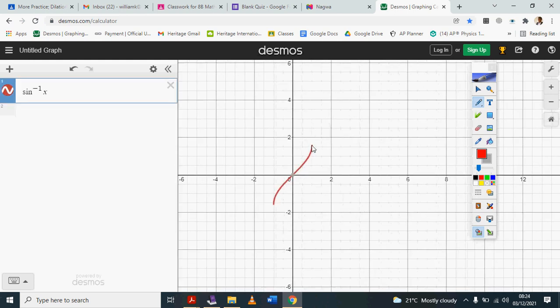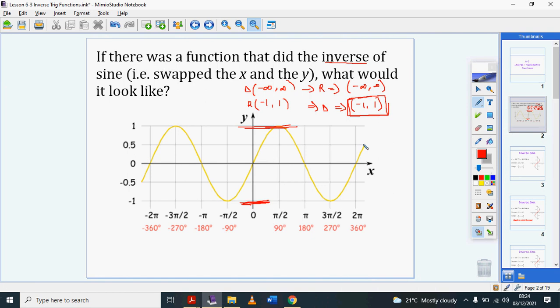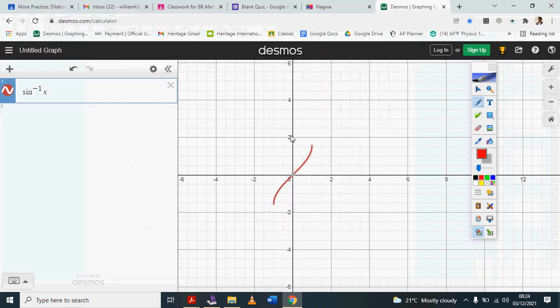And it stops up here at pi over 2 and down here at negative pi over 2, because I need to restrict the range, and this Desmos is doing it for me nicely already, because that's the nature of the function. I need to restrict the range such that I have a 1-to-1 function. This function, you see, is a 1-to-1. For a function to be an inverse of another function, it must be a 1-to-1 function.